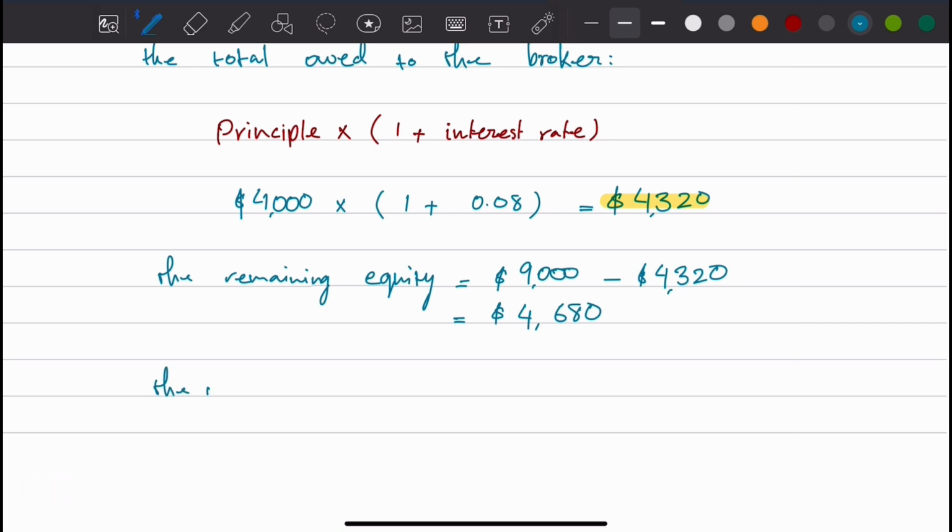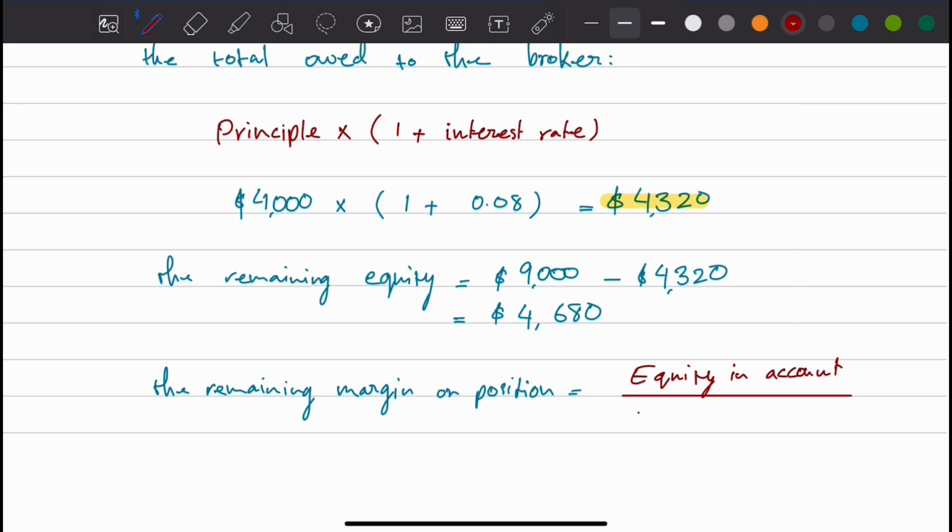So the remaining margin on the position here is going to equal the equity in the account divided by the total value of accounts.